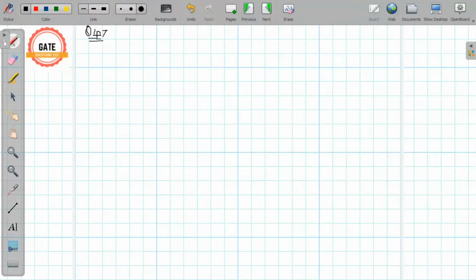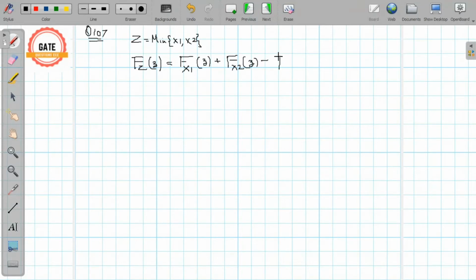The end result of question number 107 was that if z is minimum of x1, x2, then the CDF of z will be equal to the sum of marginal CDFs of x1 and x2 minus the joint CDF of x1 and x2, calculated for the same sample value.